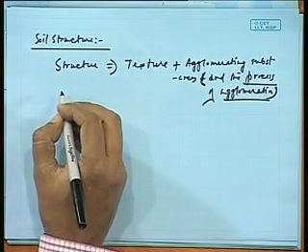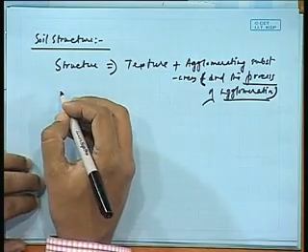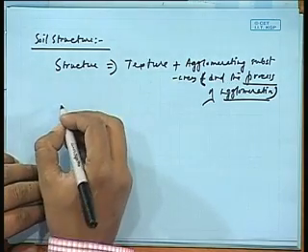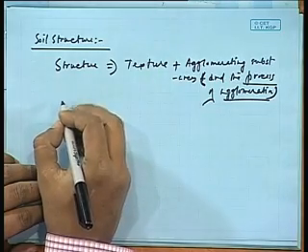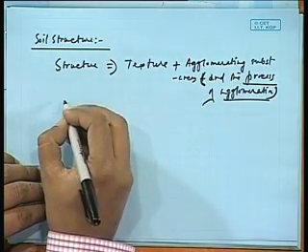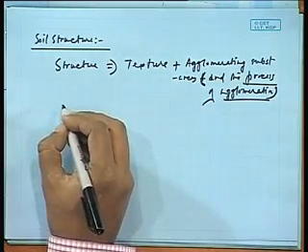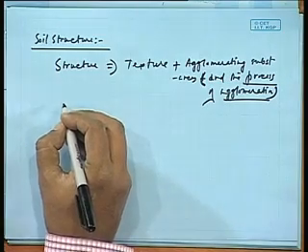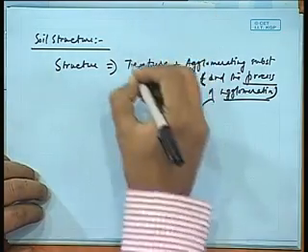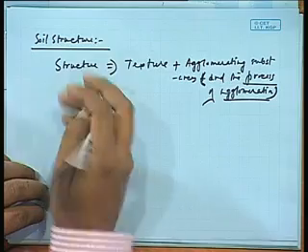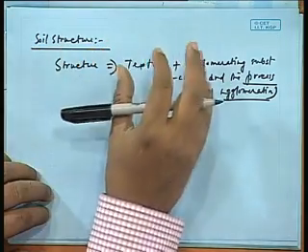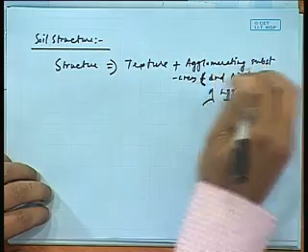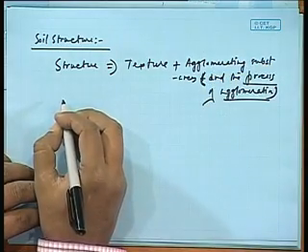So here, the agglomerating substances, we have discussed sand, silt and clay. We will come back to what these particles are all about. But these agglomerating substances are of great importance.